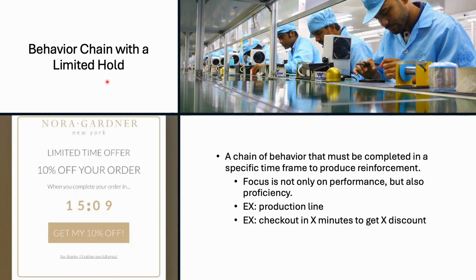Okay, so this is good in the sense that with a traditional behavior chain, all you're focused on is performance, right? You, let's say, can teach a person to cook, right? But sometimes you want a person to cook and be efficient. You want them to be proficient. You want them to be quick.